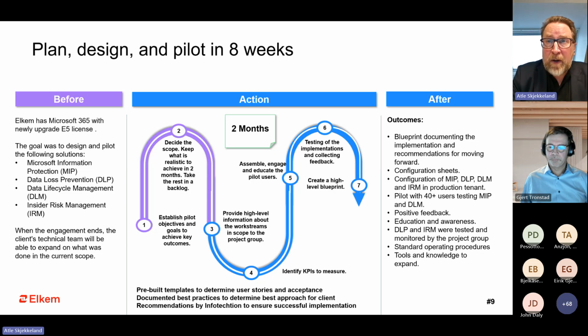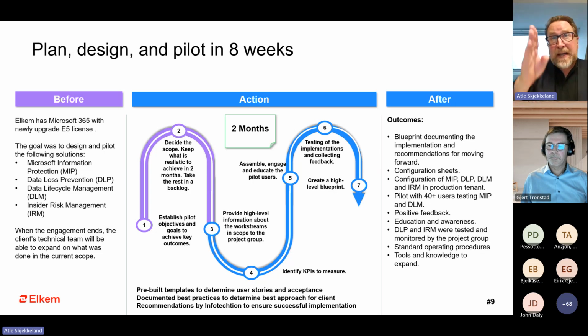So based on that, we developed those templates, scripts, blueprints that Gjert referred to, to ensure that we can do this faster, smarter, and cheaper every time we do it. But at the same time we need enough time to transfer the knowledge to Elkem and other customers, to ensure that they get enough knowledge to continue this journey by themselves if they want to.